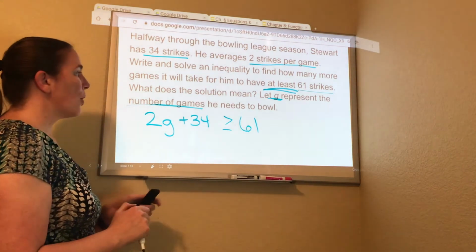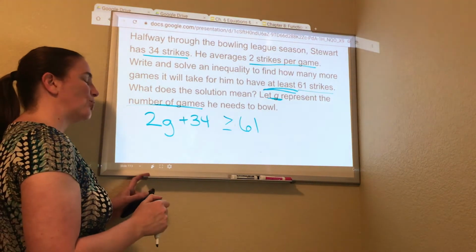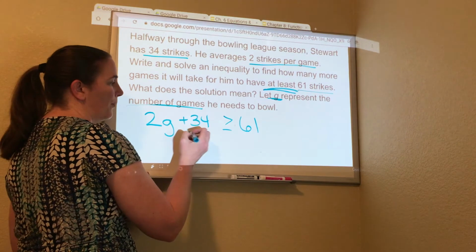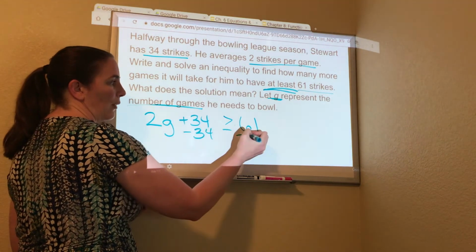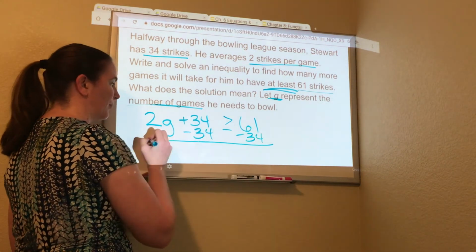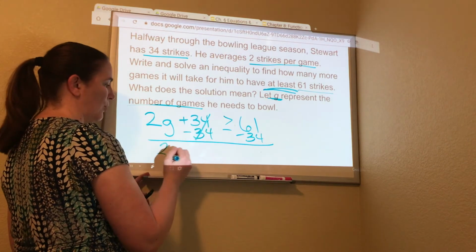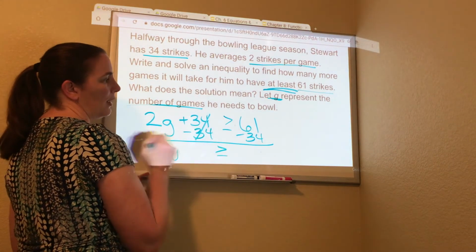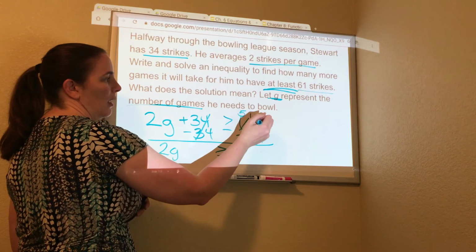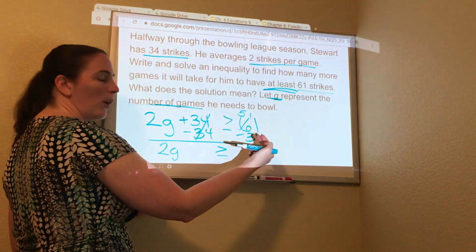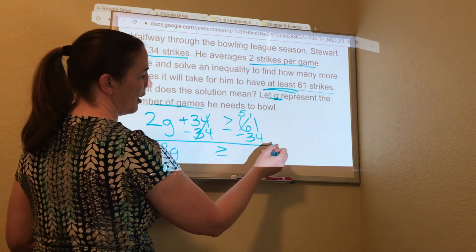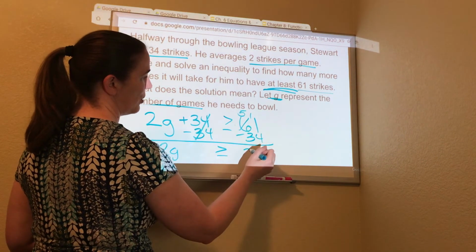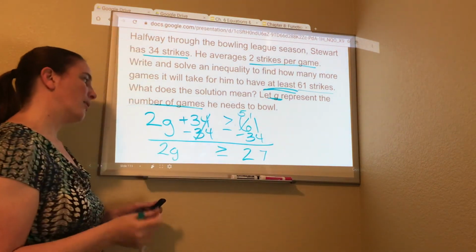All right, so I'm going to go ahead and change the 34. So I need to subtract 34 on both sides. So I get 2G is greater than or equal to 61 minus 34, which is 27, okay?